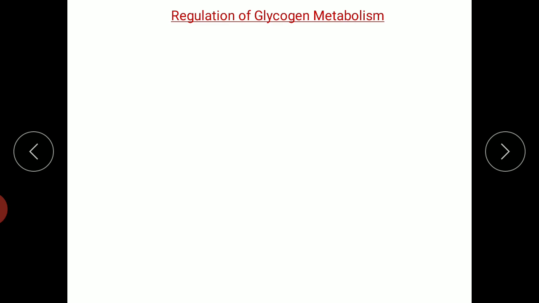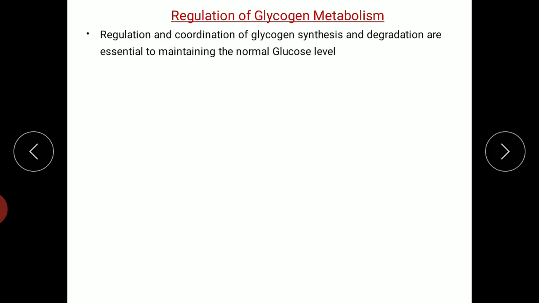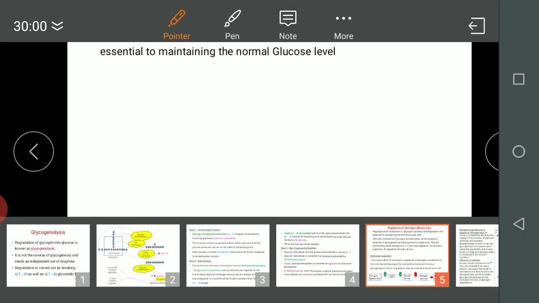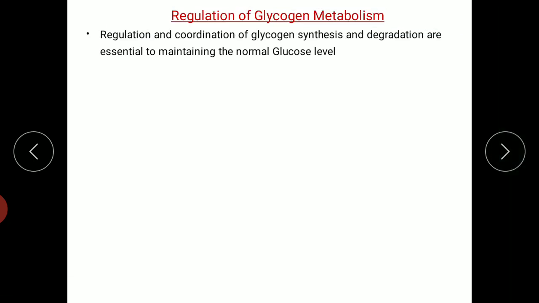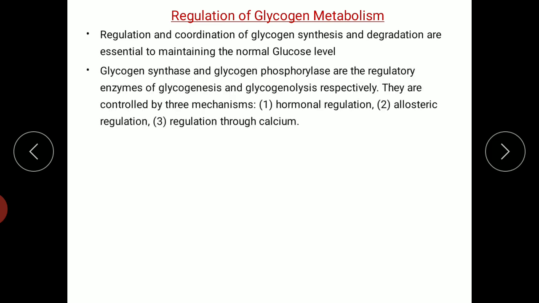Regulation of glycogen metabolism. Regulation and coordination of glycogen synthesis as well as degradation are essential for maintaining a normal blood glucose level. Glycogen synthase and glycogen phosphorylase are the regulatory enzymes of glycogenesis and glycogenolysis respectively.